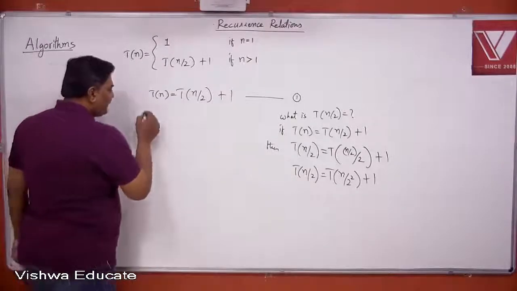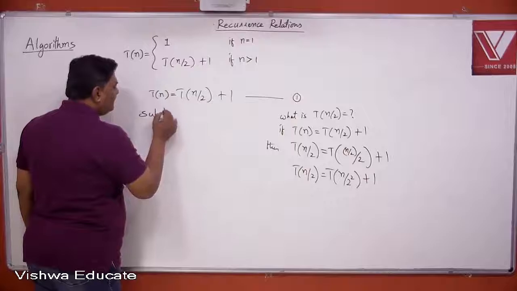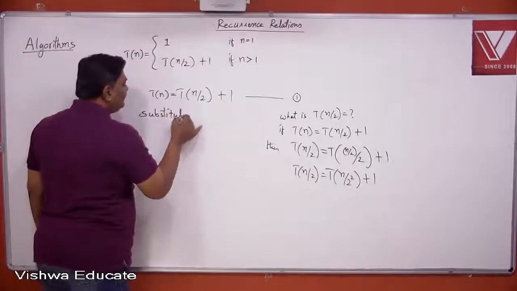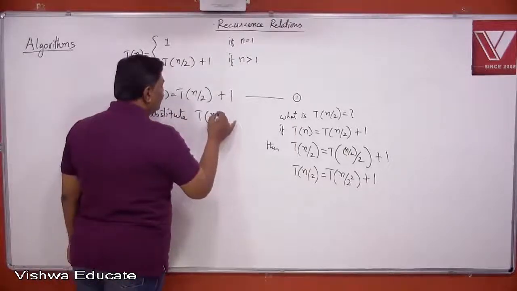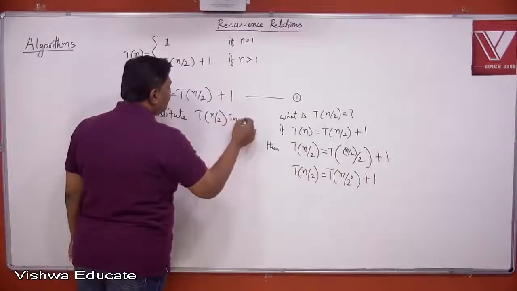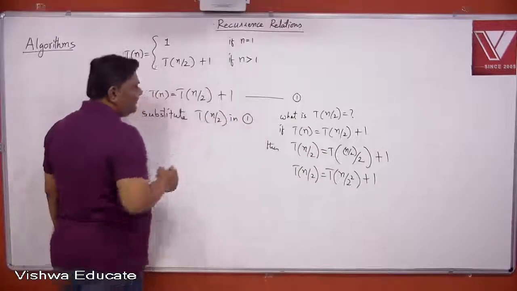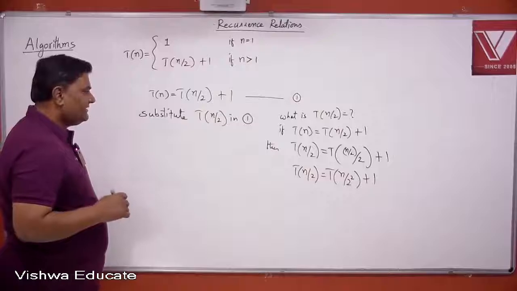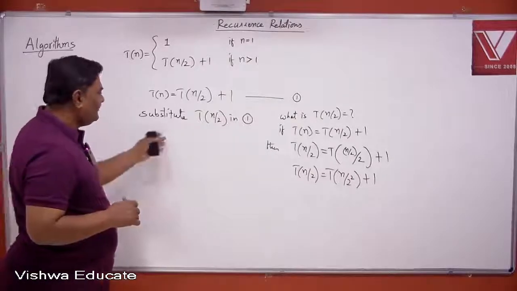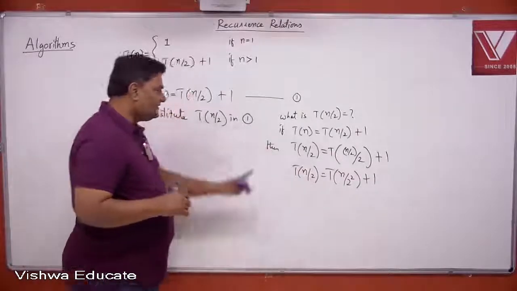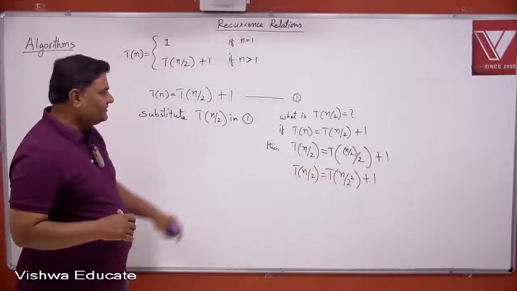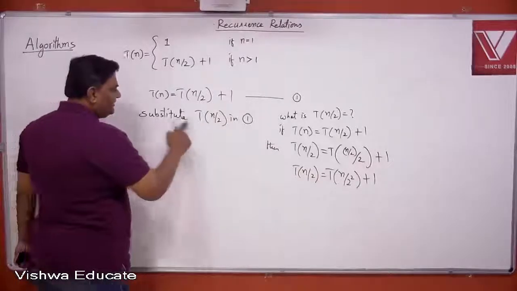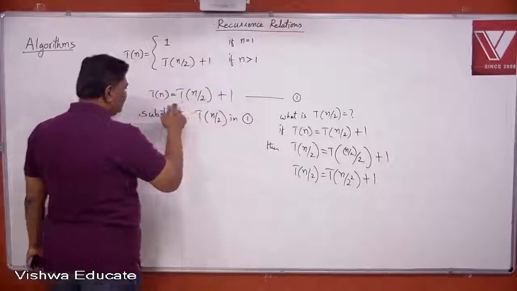Finished? Now, substitute T(n/2) in equation 1. Follow this one. Don't copy this, just wait. How you copy in your notes, it's up to you. That part I have given separately. Then we are substituting T(n/2) in this one.